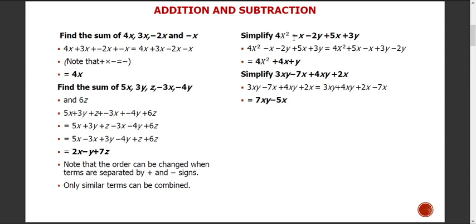Therefore we shall only be able to add 3xy plus 4xy, and then that negative 7x and positive 2x will also be treated as like terms. So please note that is basically what we need to take as a serious point when we are adding and subtracting expressions. We only add or subtract like terms.